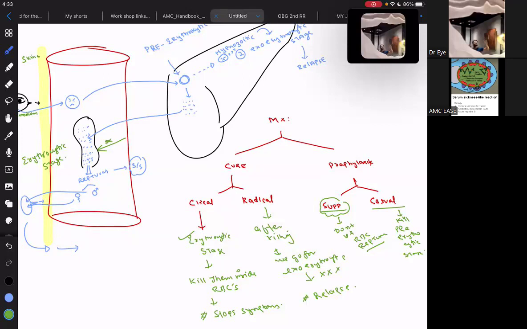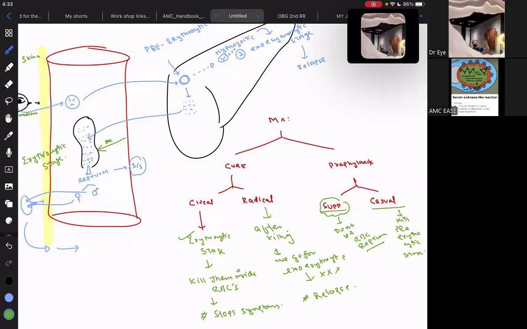Remember that primaquine can kill all the gametes of all species of plasmodium, and that too with a single dose. Number one, it can attack the exoerythrocytic stage also, and it is given for 14 days.